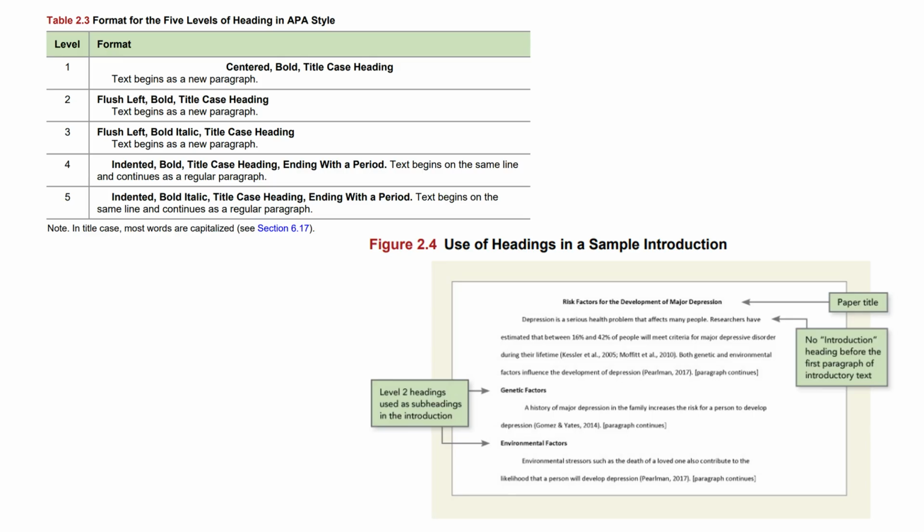You will start with level 1, which is the title of your paper and is centered, bold, and in title case, which means the first letter of each word is capitalized, and the text for that topic begins underneath as a new paragraph. The second level is flush left, bold, title case, and the text again starts underneath in its own paragraph. Level 3 is similar, but it's italicized, and so on.